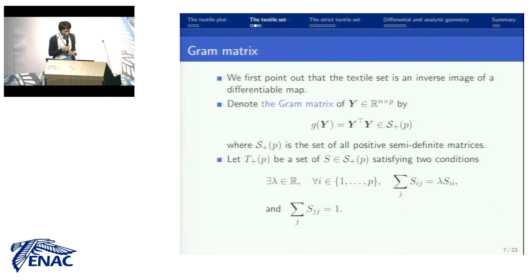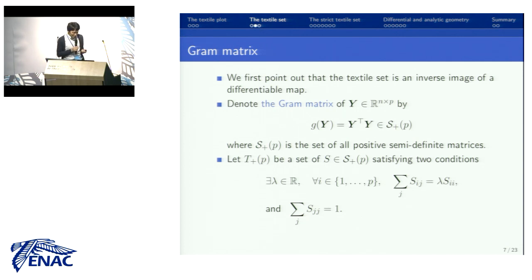We first point out that the textile set just defined in the previous slide is an inverse image of some differentiable map defined below. Let me denote the Gram matrix of Y by the function G. G of Y is just the product of the transpose of Y and Y. Then of course it is a positive semi-definite matrix.